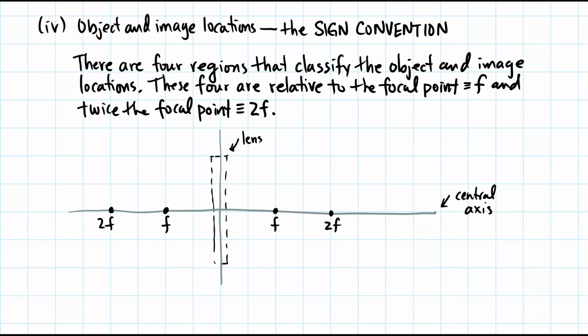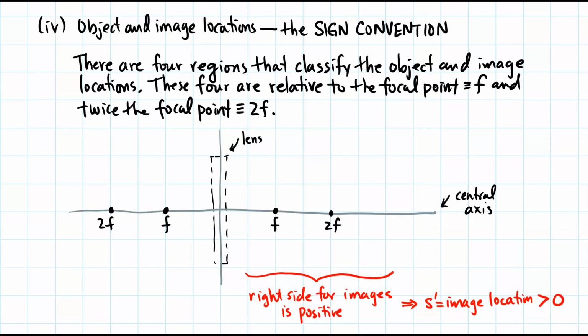The sign convention is that if I have an image opposite of the object, it's always on the right side of the lens. That space is called positive for images. In red here, you see that the right side for images is positive. In other words, S prime, the image location, is going to be greater than 0.